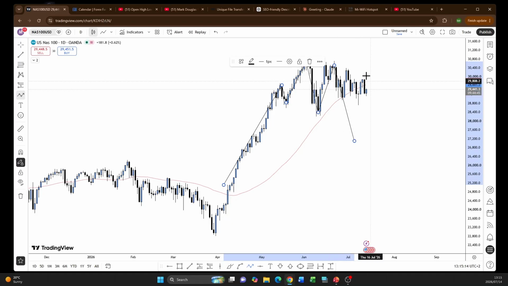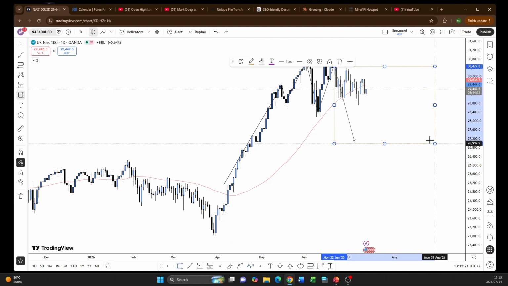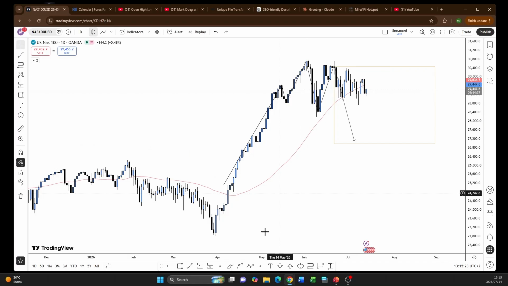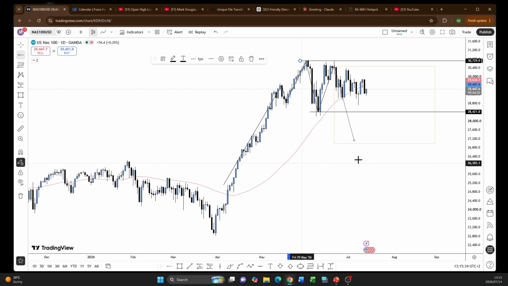Price can do whatever it wants right about there, it doesn't matter, but as long as we are in between these two zones, lower low, and this high right there, we are heading to the downside, right?